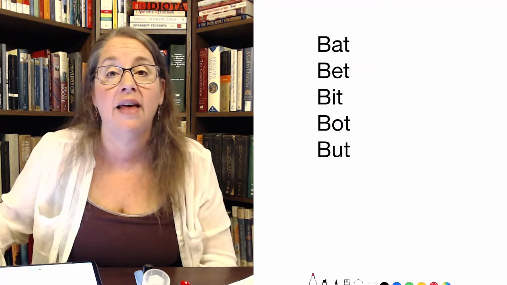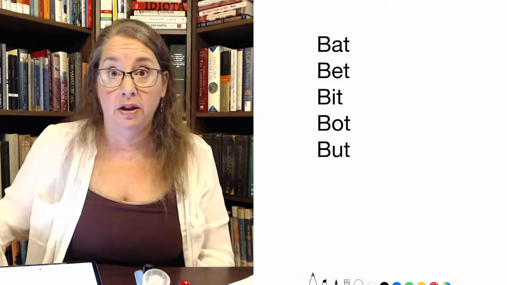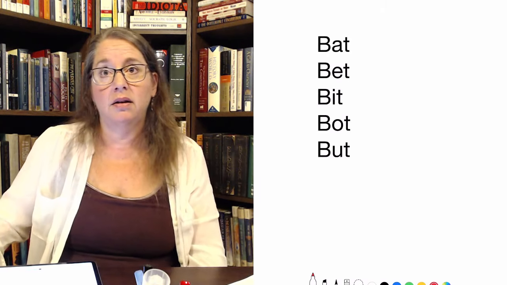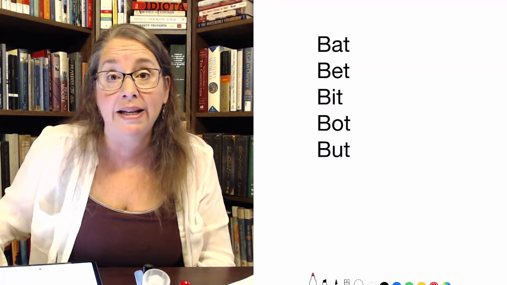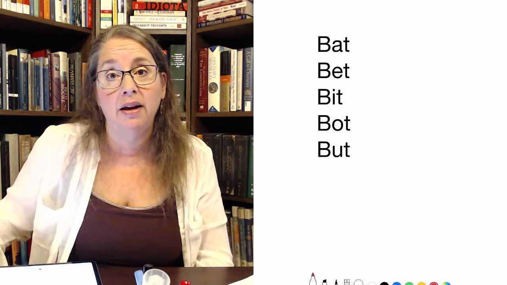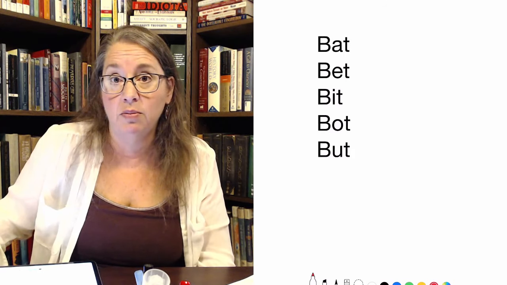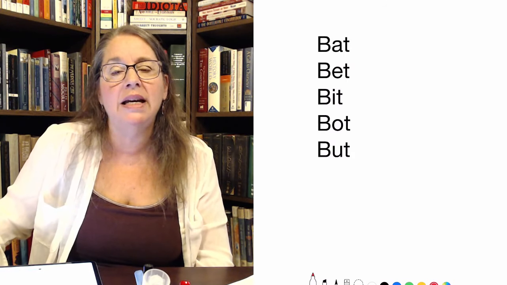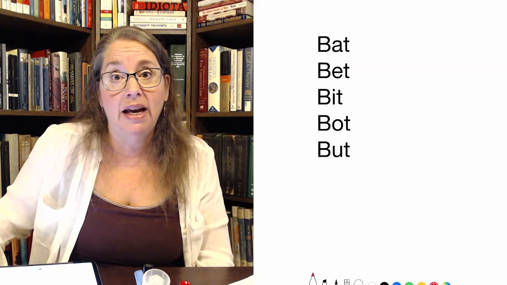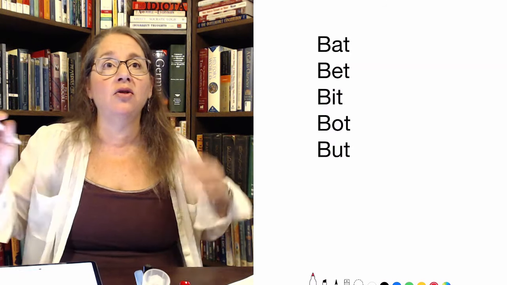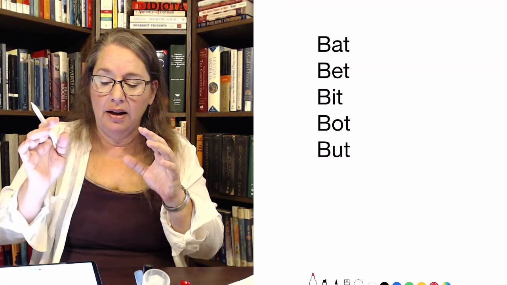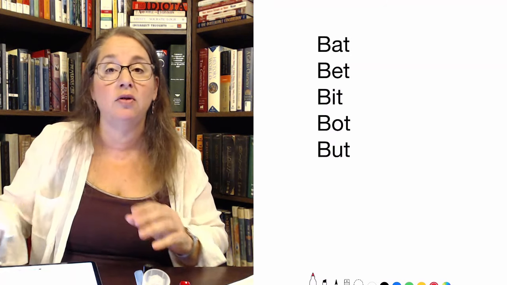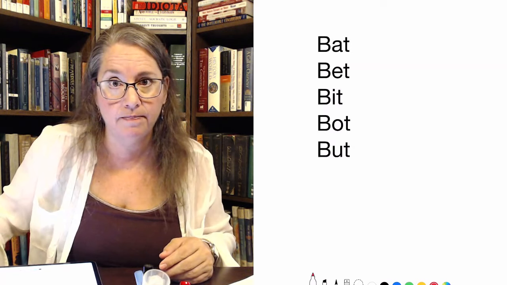But the truth is, we have somewhere between 20 and 30 vowel phonemes in English. And we understand them in terms of just a few spelling arrangements.